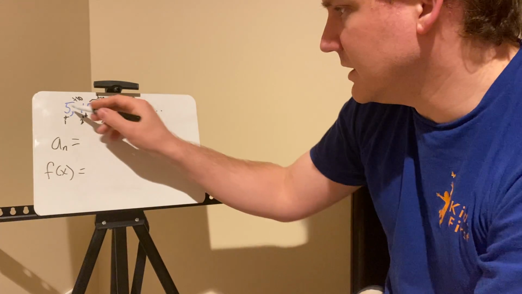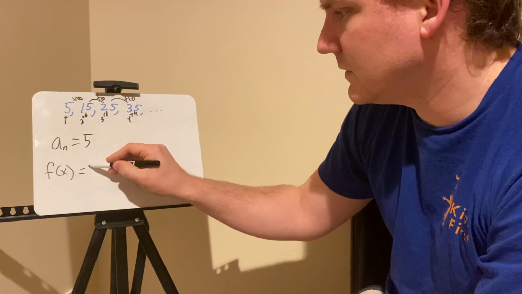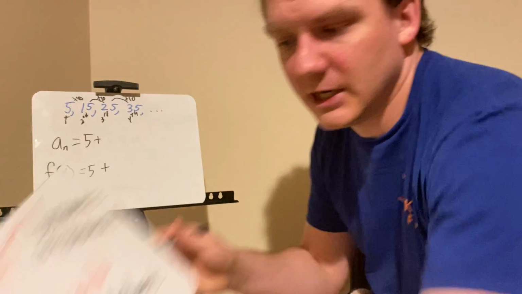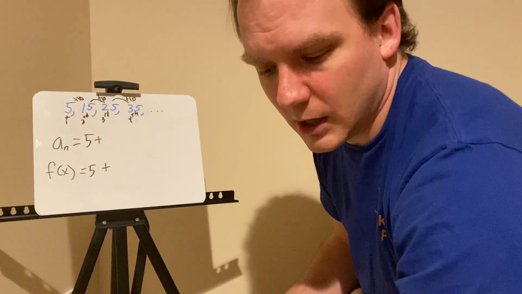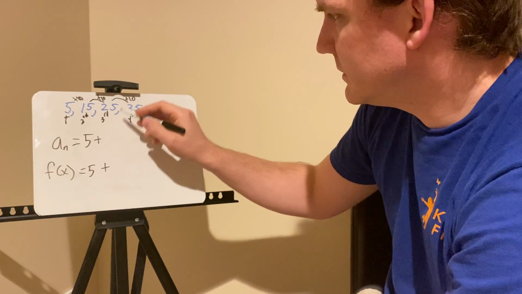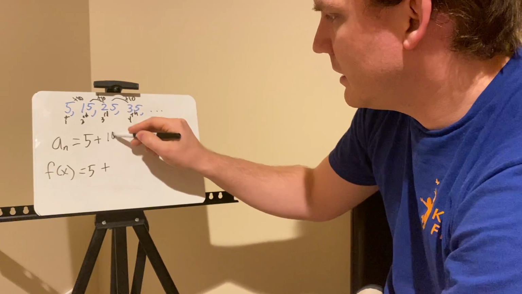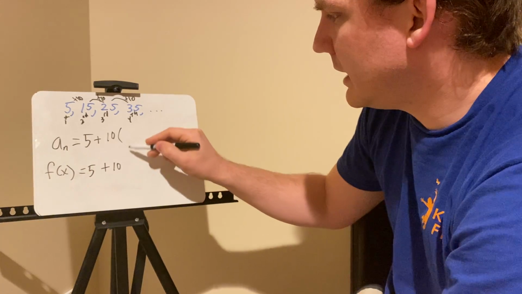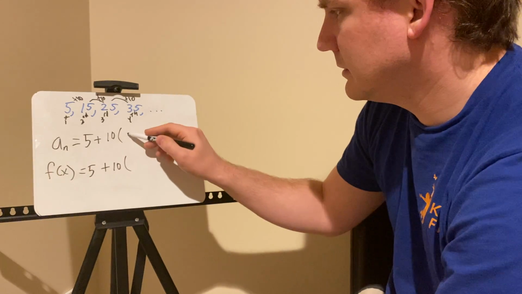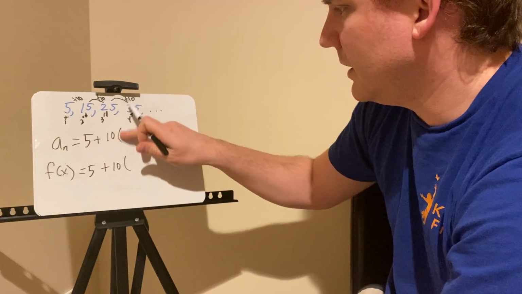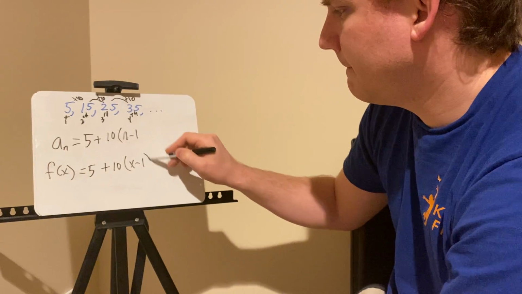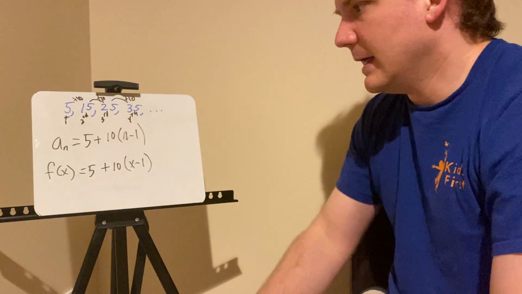A sub 1, my initial term, which is 5, plus the common difference, which is 10, times n minus 1, or down here I could write x minus 1. And this will give me the value.